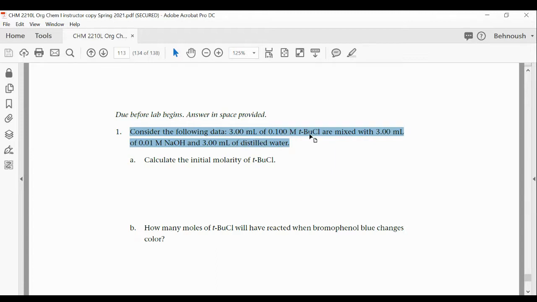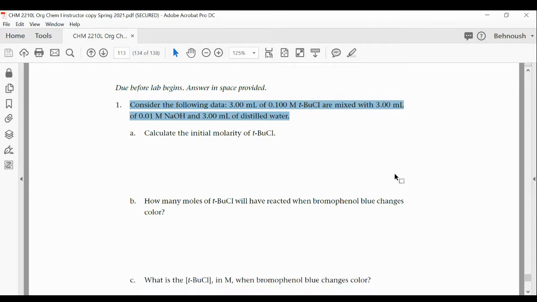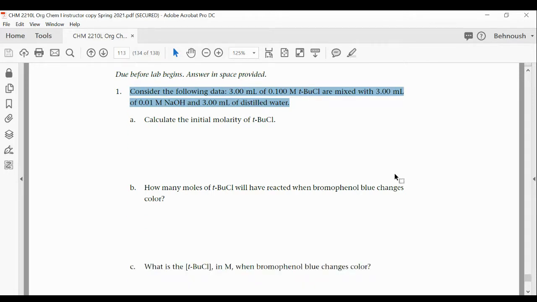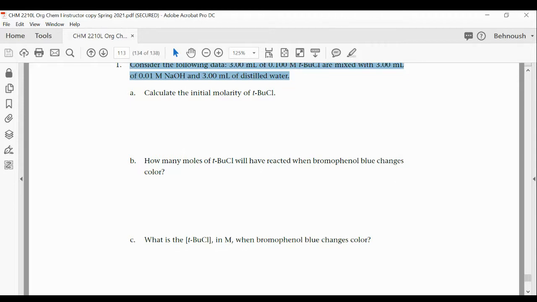So we have 3 milliliters and we have 6 and 9, 3 divided by 9, so that would be 1/3, right? 33%. Is that right? Yes. 33% acetone and 67% water. Very good.